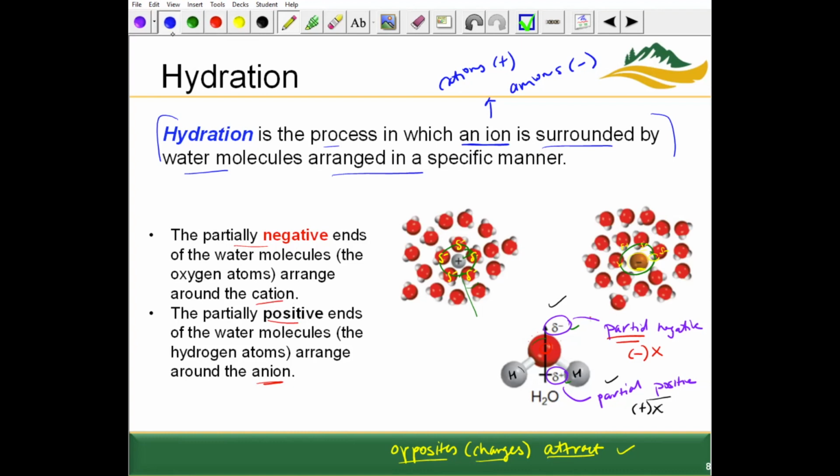This is how these different ionic compounds can dissolve so easily and so stably in water, because they form these very stable structures within a solution, so that cation then becomes surrounded by these partial negatively charged oxygen atoms in water. This is what's going on at the molecular level of hydration.